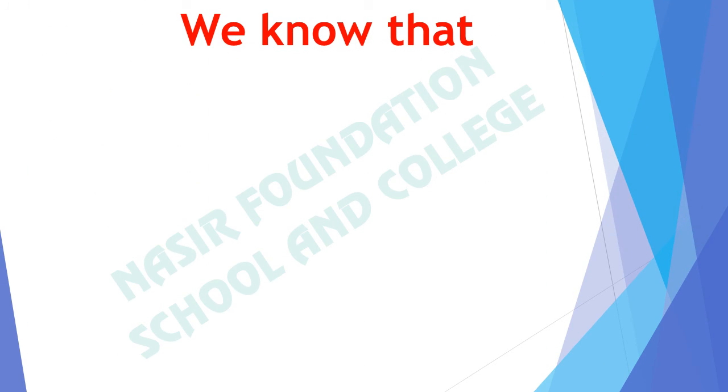Now we will again change the position of these digits. Now we will add 5, 2 and 4. In the first step, 5 and 2 are added. If we add 5 and 2, it makes 7. And now we will add the remaining digit to it. In 7, if we add 4, we get 11.